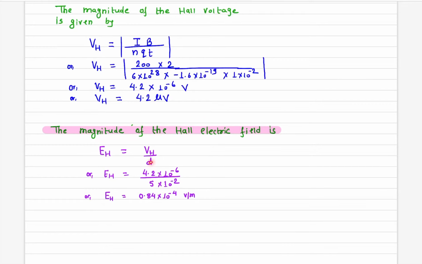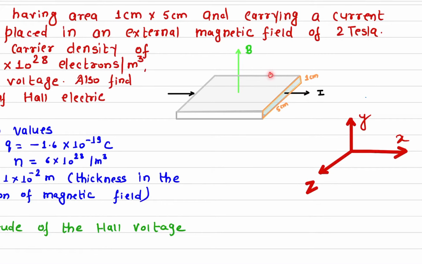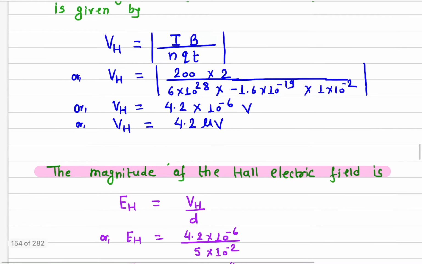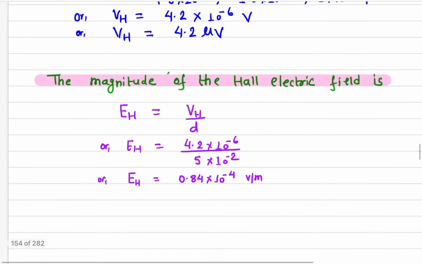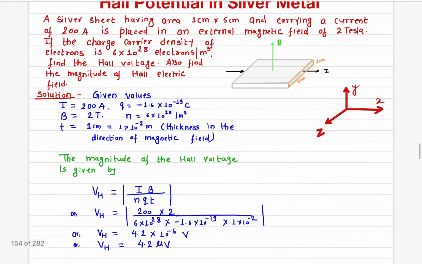As the Hall potential is developed between these two sides and the distance between them is 5 centimeter, we take this dimension, 5 centimeter. Once you do the math, you will get the electric field developed across these two ends.